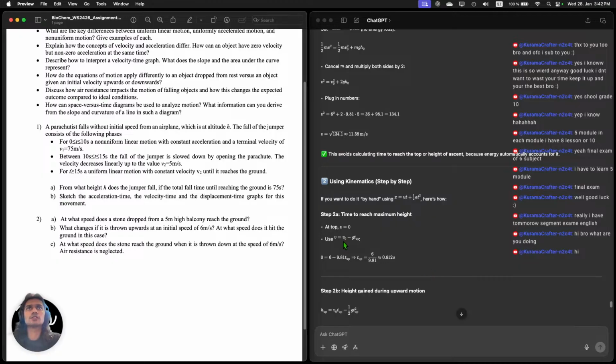Use v equals v0 minus gt. T up equals... Again, you use v0 minus gt. Final velocity equals initial velocity minus acceleration times time.